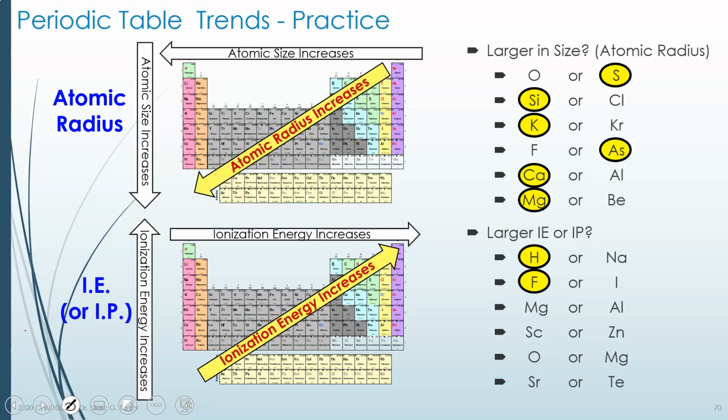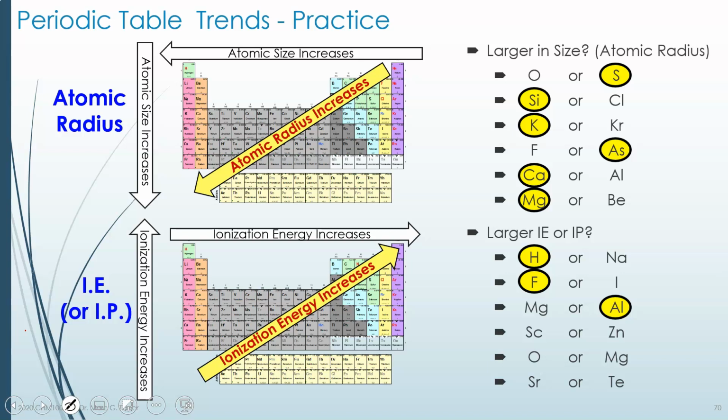You have to remember that the atoms to the left are going to have lower IP than the atoms on the right. The ones on the left, it's easier to remove that electron. The ones on the right, it gets harder and harder. And so aluminum has the higher IP because it has higher effective nuclear charge. Just to remind you, the effective nuclear charge makes atoms smaller, but it also makes the IP larger. So try not to get confused about that.